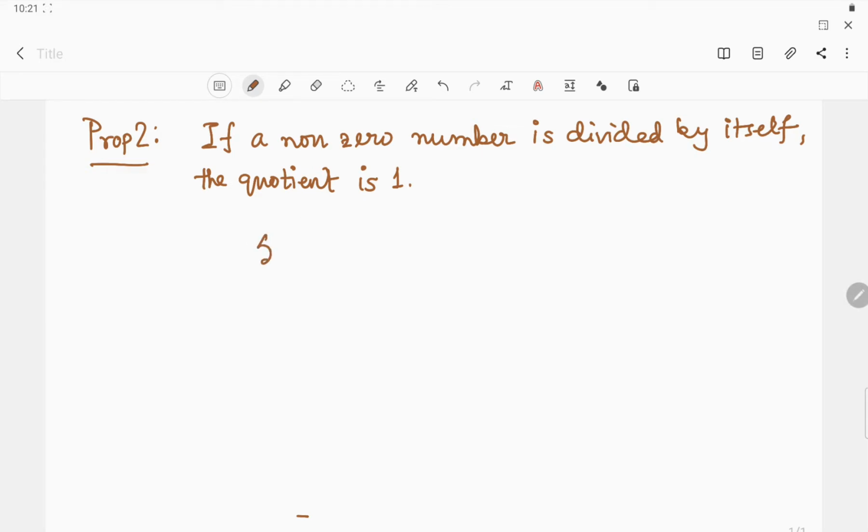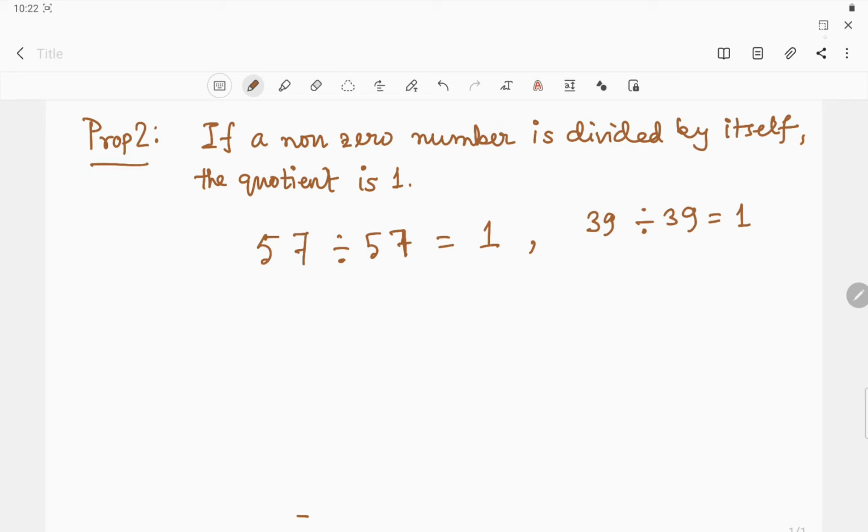Suppose I want to divide 57 by 57. So what will you get? Obviously 1, because 57 ones are 57. So your quotient will be 1, right? So again, if I divide 39 by 39, you will get 1, because 39 ones are 39.